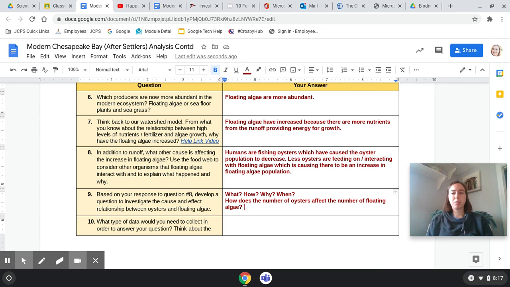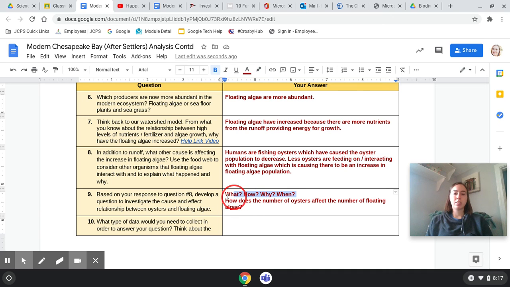Your question may be similar, but it may be a little bit different. As long as your question is investigating the relationship between oysters and floating algae and how there is a cause and effect in that relationship, then your question is good for investigation.